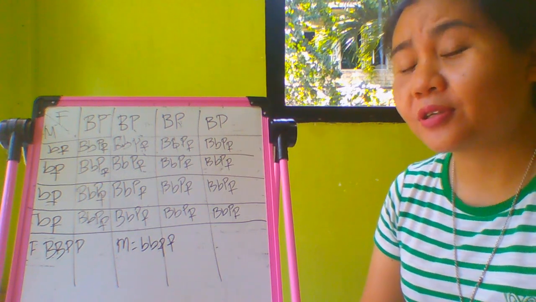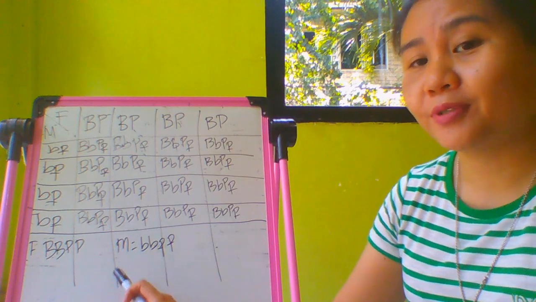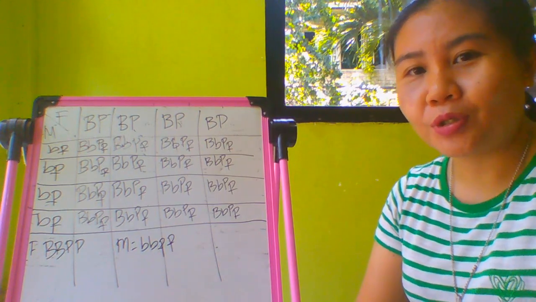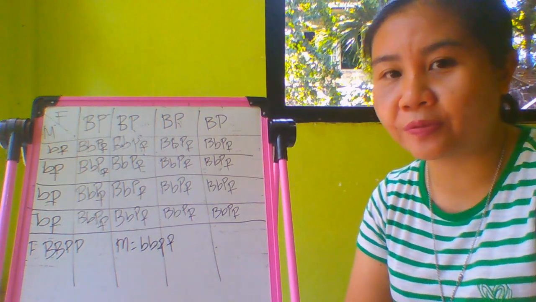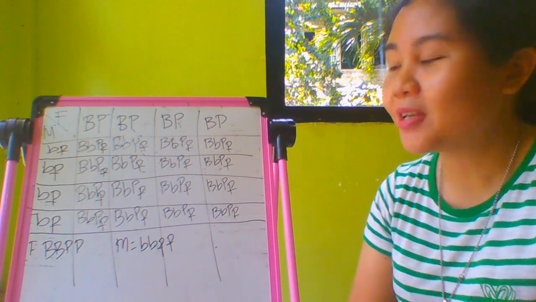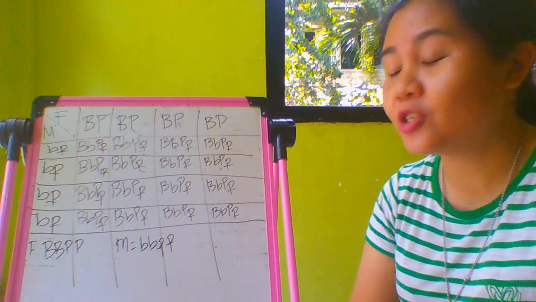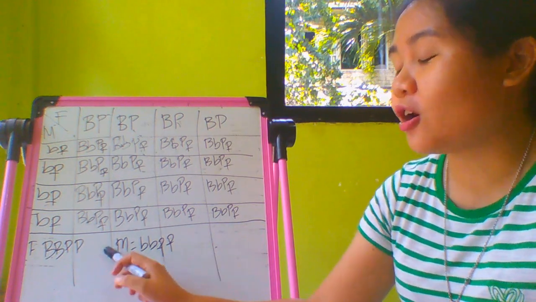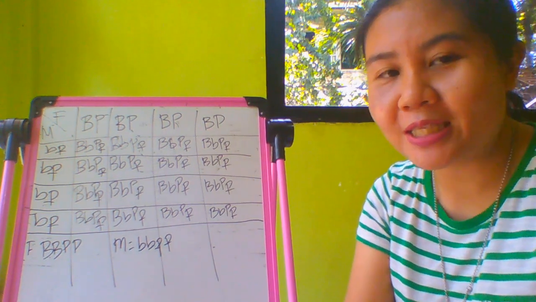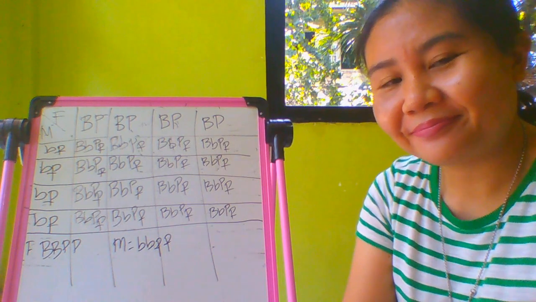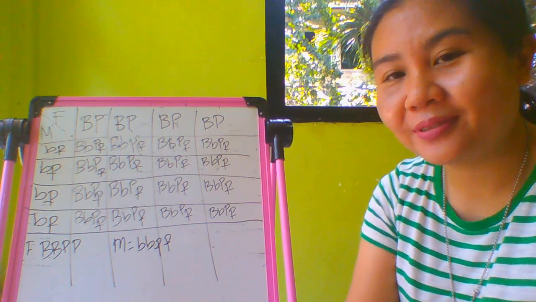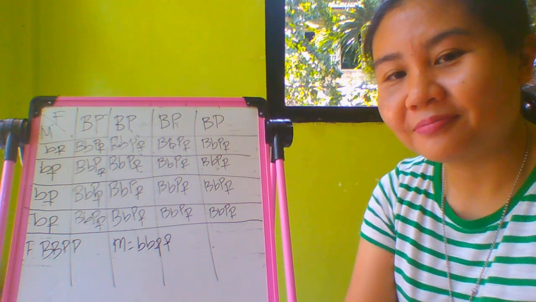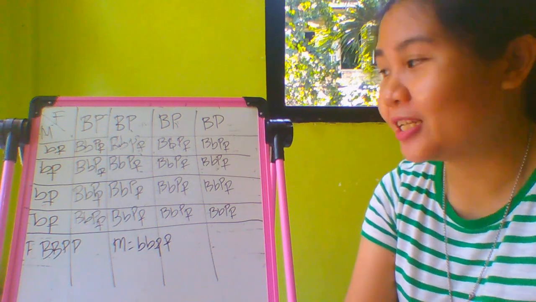How about the male? Same as the male. Do we have any of the 16 boxes that we solved that have the same genotype as that of the father, the sire, or the male? Do we have? None.